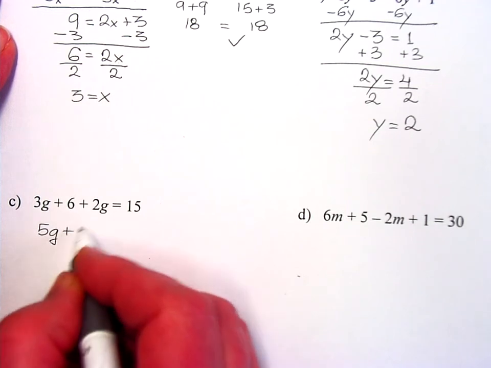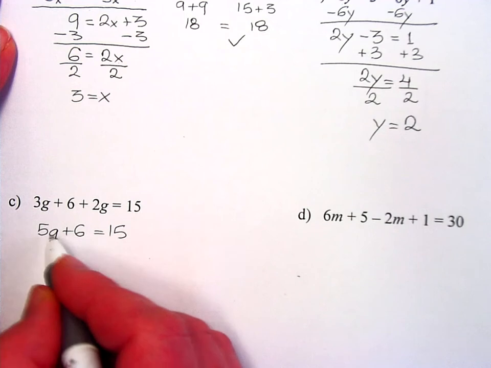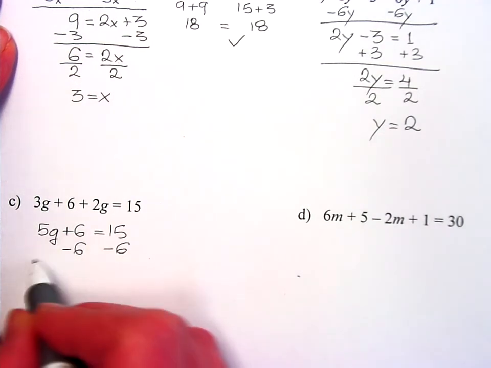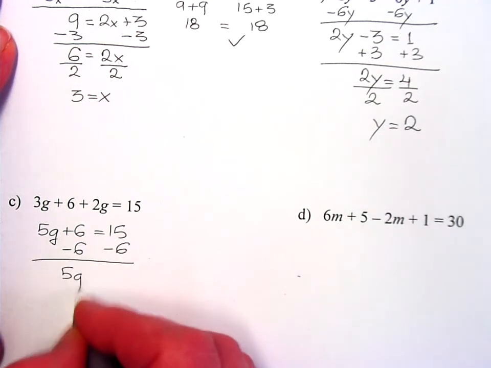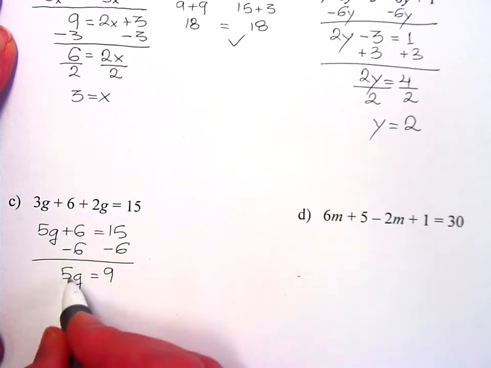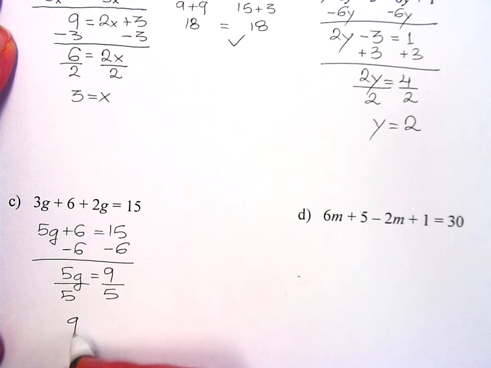I still have plus 6 equal 15. Now I have a two-step equation. Undo addition by subtracting. Do the same to the other side. I have 5g equal 9. Then I divide by 5 on both sides, and my g is actually 9/5.